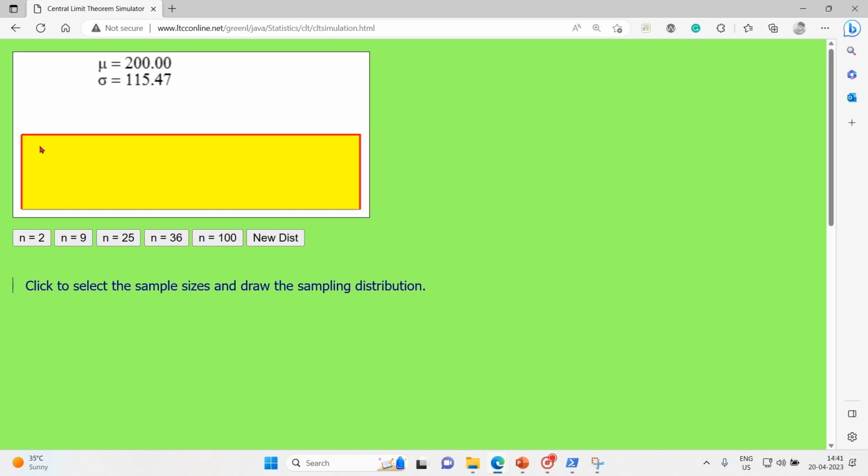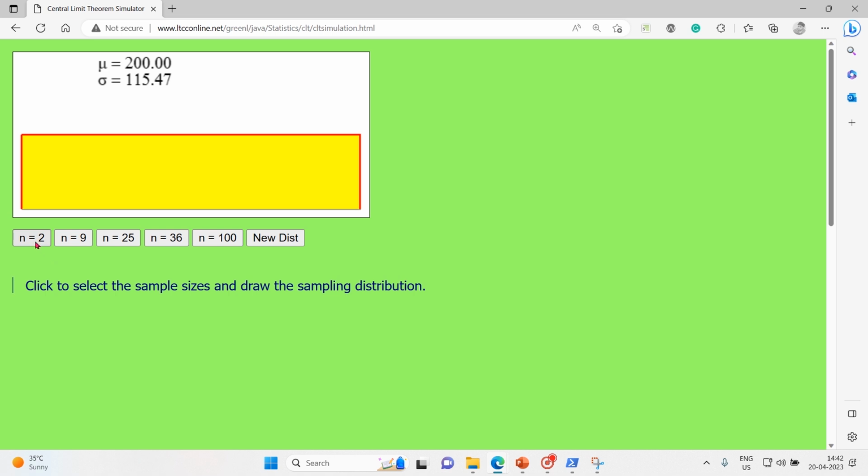This is the population. This is called a data distribution. Whatever data the population has, the data distribution is in uniform shape. And the mean of this data, the population parameter, is 200, and the standard deviation of the population is 115.47. Now let's try to draw the sampling distribution varying the sample size.